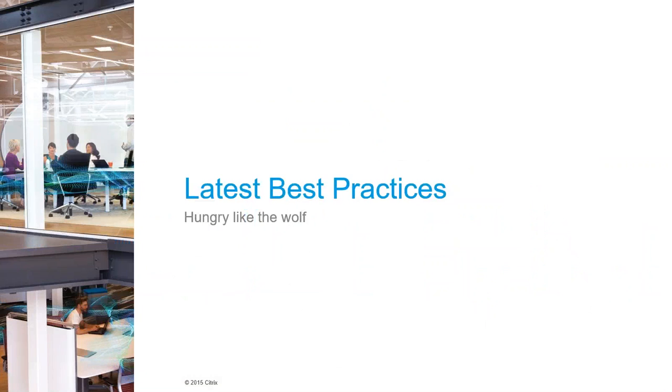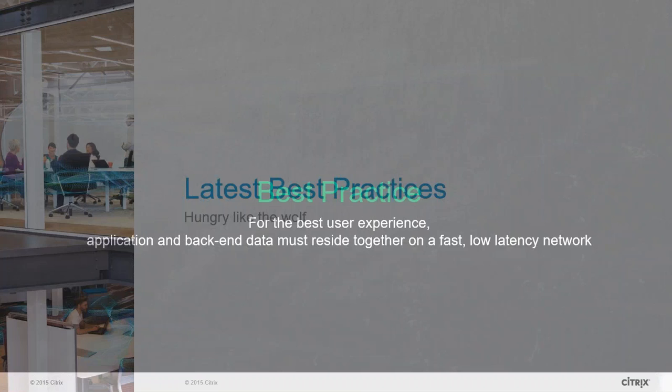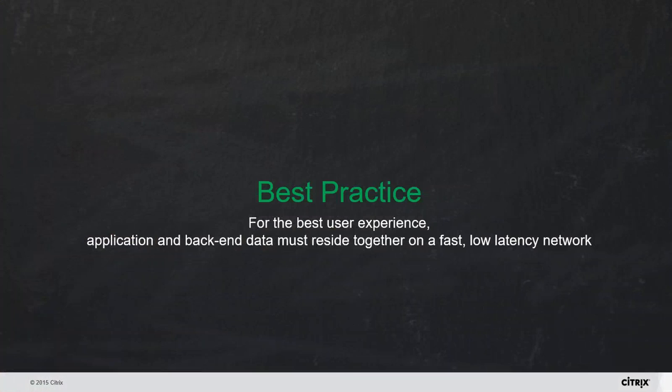So let's now move into some of the best practices. I've been looking at some of the best practices, and I've been really trying to reinforce some of the fundamental best practices and show how these things relate. So look at the first one. For the best user experience, your apps and backend data must be together on a low latency network.